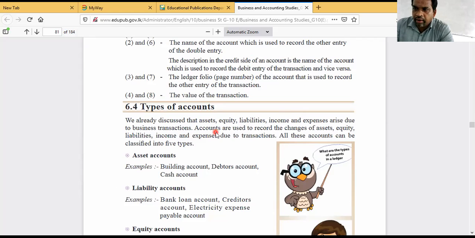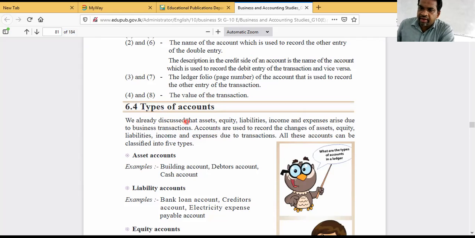Therefore, we debit one place or account and credit another place or account at the same time, for the same amount. Depending on that principle, later on other people have developed another 5 principles depending on the accounts available in the ledger. Before we understand those double entry principles, we have to understand the types of accounts.